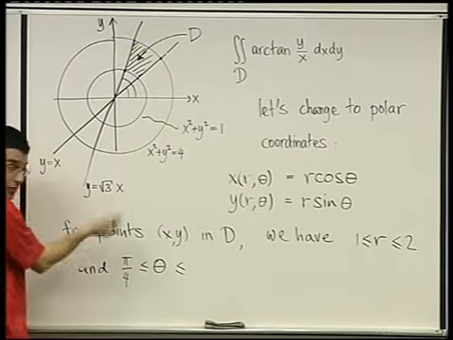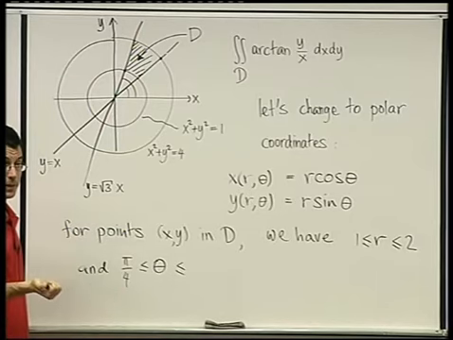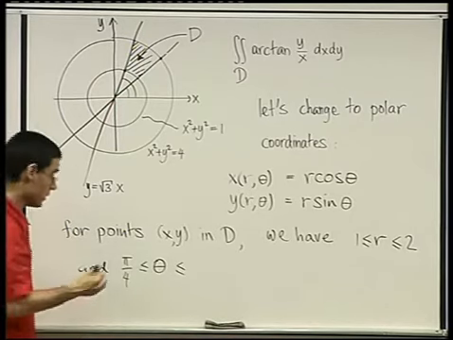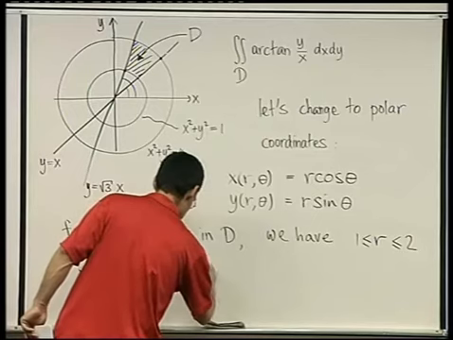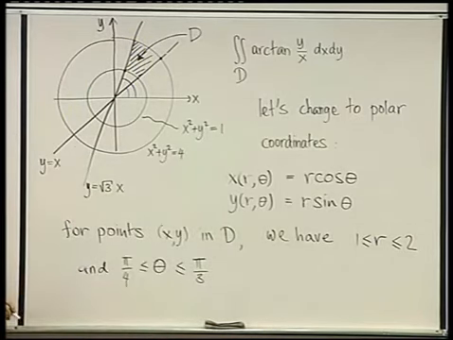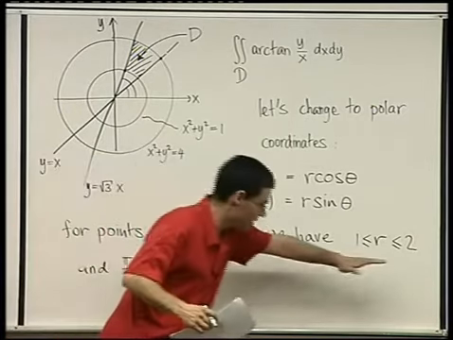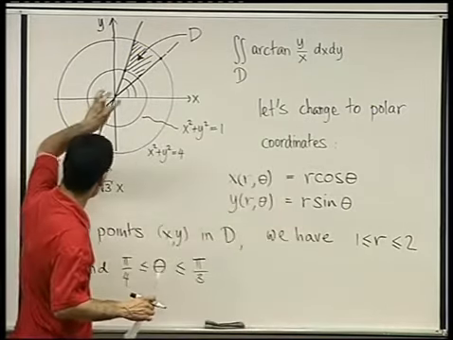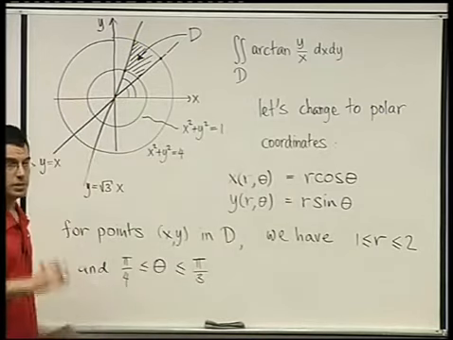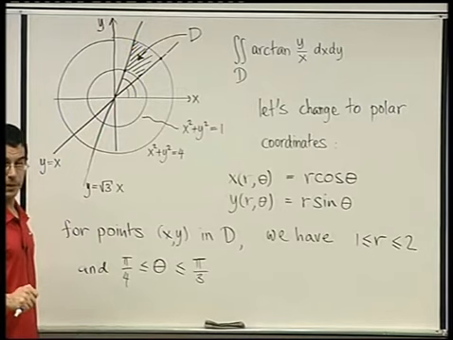It's arctan of y over x, so it's arctan of root 3, which is what? Okay, 60 degrees is true, and pi over 3 is even more correct. Do you agree that restricting theta to this interval and r to this interval gives us precisely the domain D, precisely those points? Does everybody see that? Good?